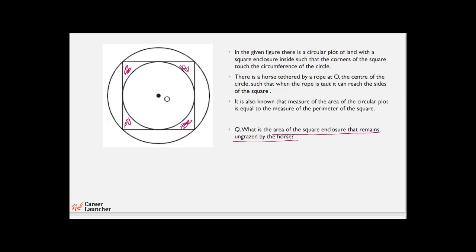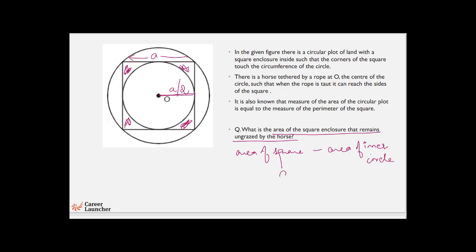And if the side of the square is A, the radius of this inner circle is A by 2. So how can we find this area? Area of the square minus area of the inner circle.